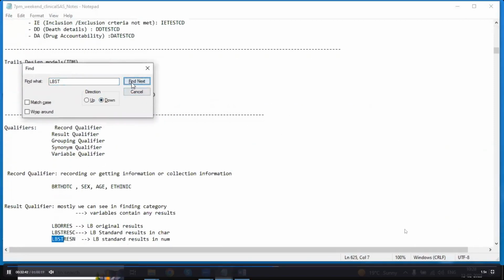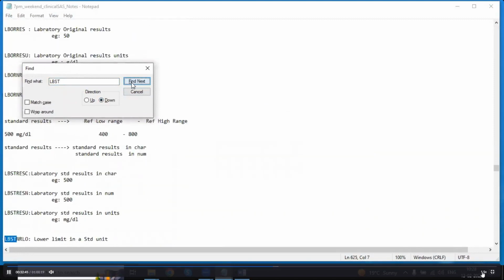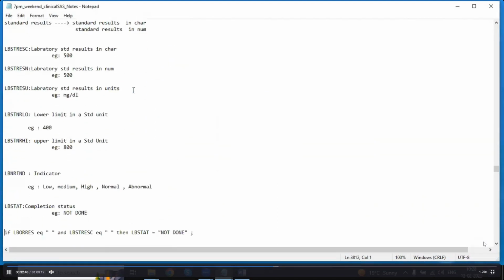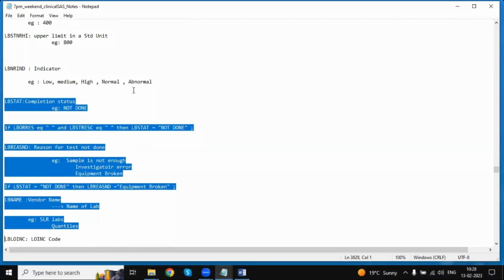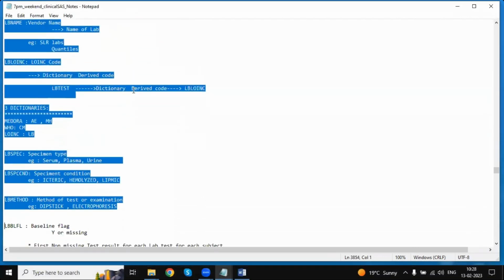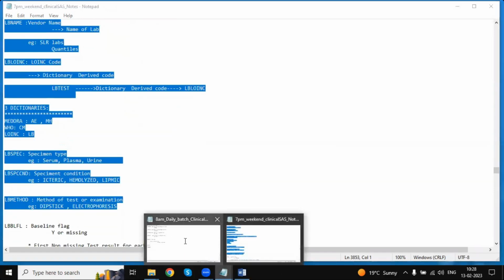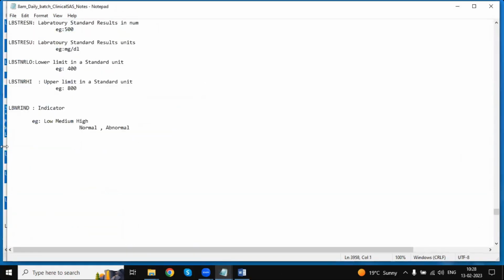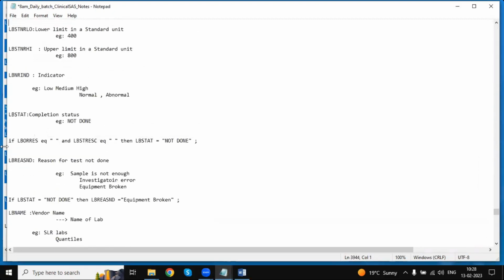What is the completion status? What is the observation I'm going to get? Not done. Yes, it's obviously always not done, right? So these two are straightforward variables. It is coming in every domain. Completion status should be not done.